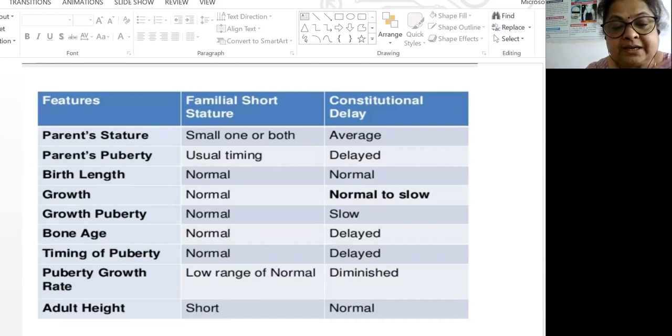Timing of puberty will be normal in FSS, while it will be delayed in CDGP. Then pubertal growth rate will be low range of normal in FSS, while it will be diminished in constitutional delay. And final adult height will be short in FSS, while it will be normal in constitutional delay.